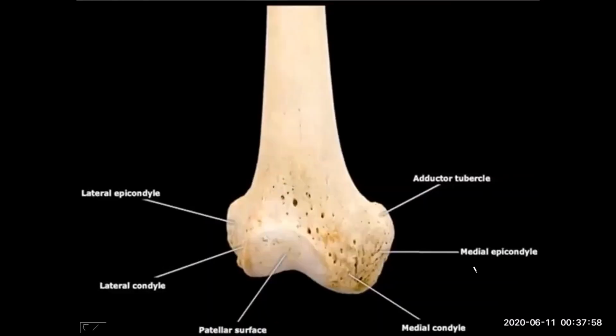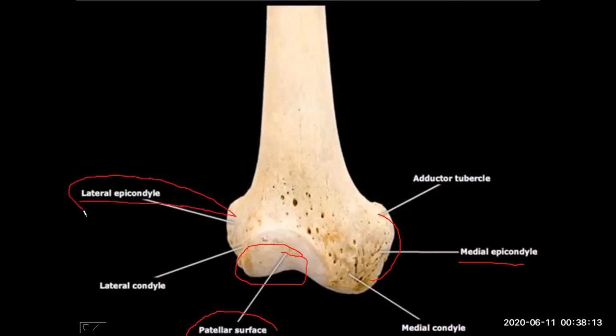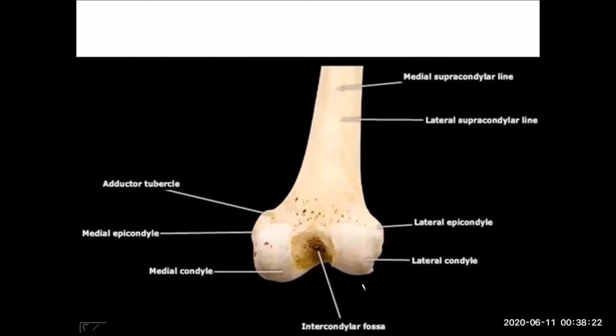And go into the inferior end, so we can see now epicondyle, a medial epicondyle, patellar surface right in the center. And on the opposite end, a lateral epicondyle. The condyles are best seen from the inferior or posterior side.